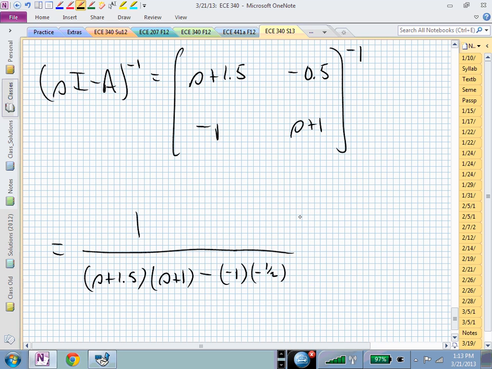Now I'm running out of room. But now I need to build up this matrix of cofactors, and don't forget that I'm, after the fact, going to transpose it. First thing that I do is I say, okay, I need the cofactor associated with the 1, 1 entry in this matrix.